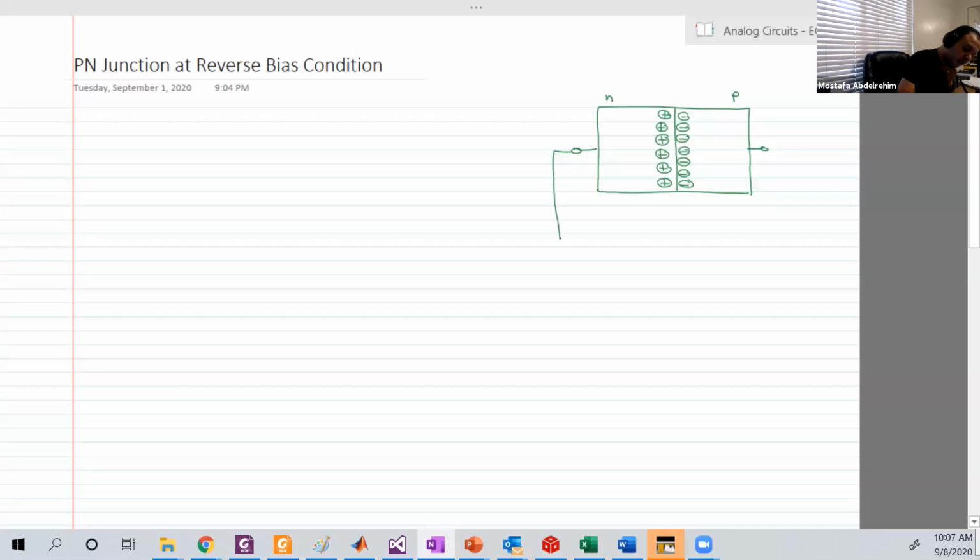Now I will connect a source or a battery in that way, such that the positive terminal is connected to the N, and the negative terminal is connected to the P. We can call it V reverse, for example. So what's going to happen now?